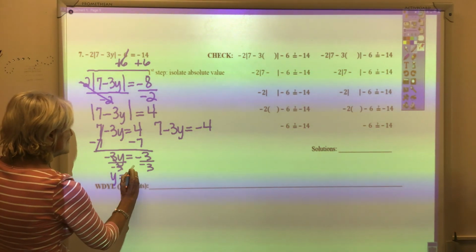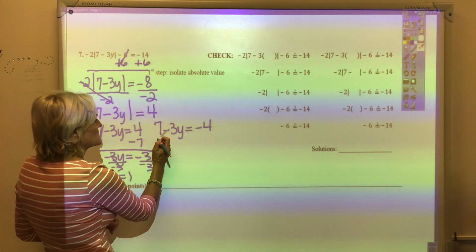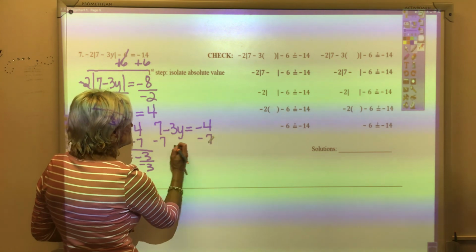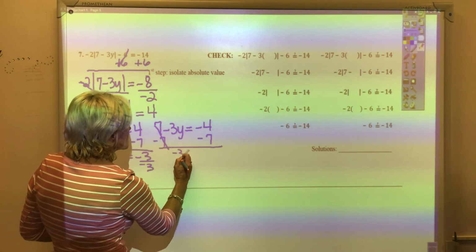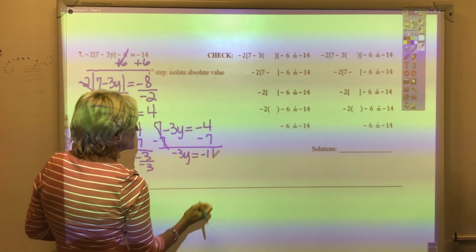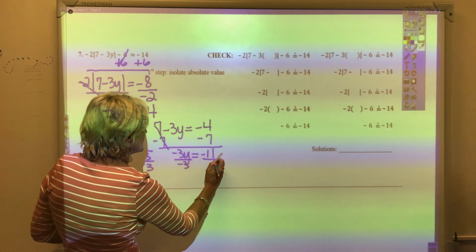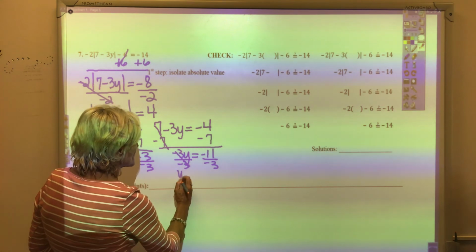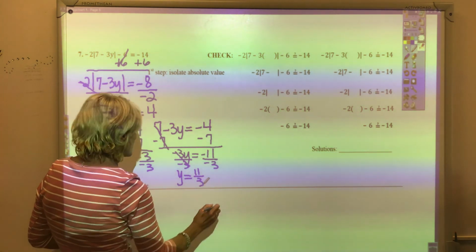Y is 1. Again, subtract 7 from both sides. We'll have negative 3y equals negative 11. Divide both sides by negative 3. And we will have that y equals 11 thirds.